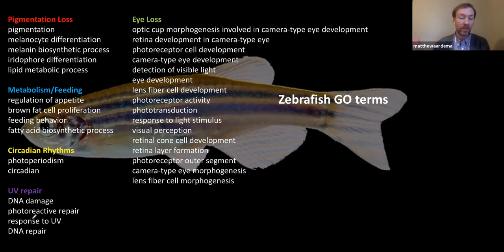Of course, if a fish is living in a completely lightless environment, it probably does not require a lot of UV damage repair. So we looked first at zebrafish, and we essentially found all the GO terms that were likely associated with these 5 phenotypes. And then using those, we found all of the zebrafish proteins that were known to have an effect on these traits.